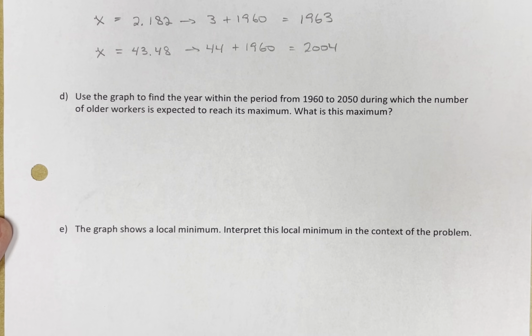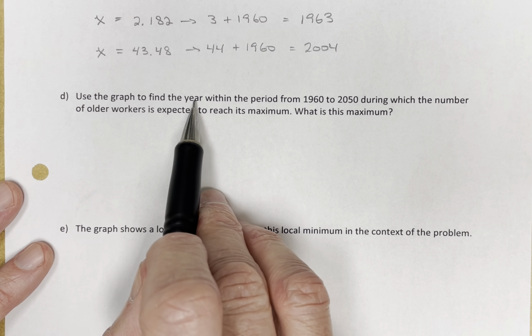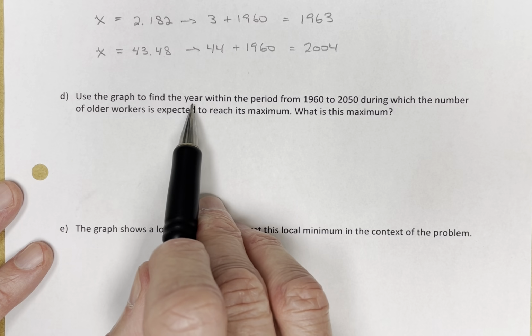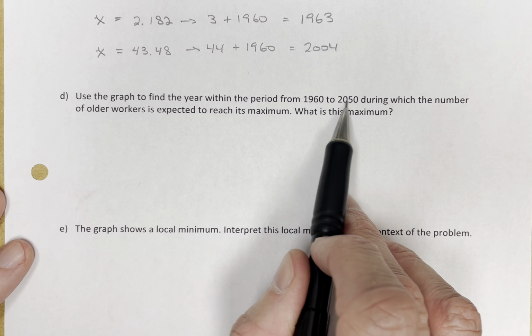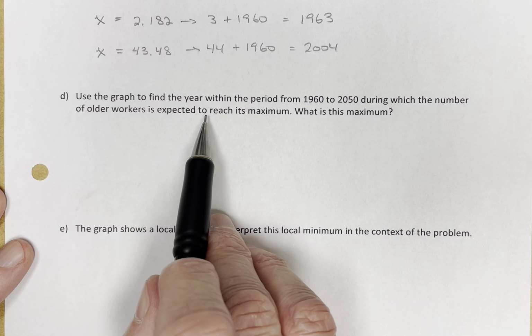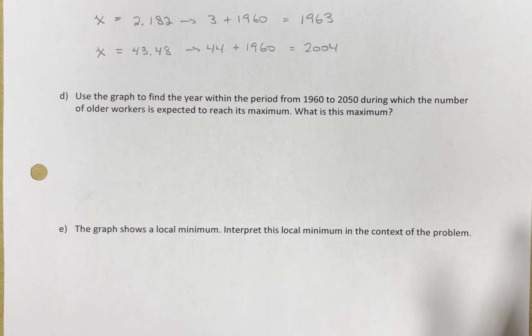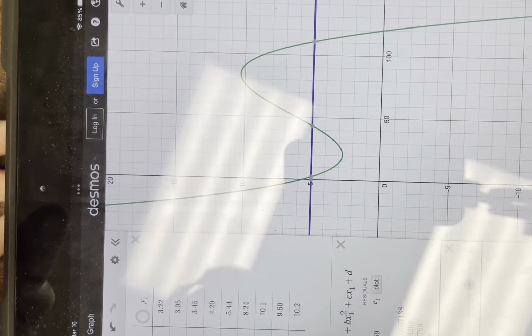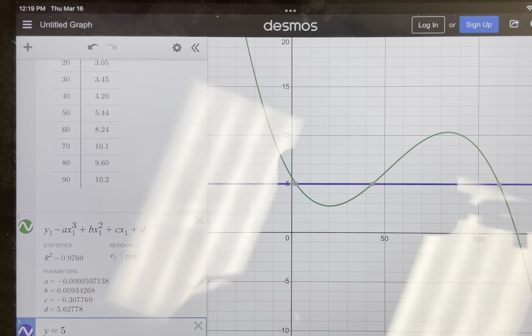Okay, question letter D here. Use the graph to find the year within the period from 1960 to 2050 during which the number of older workers is expected to reach its maximum. What is this maximum? Okay, let's take a look. Let me get myself to landscape mode here.